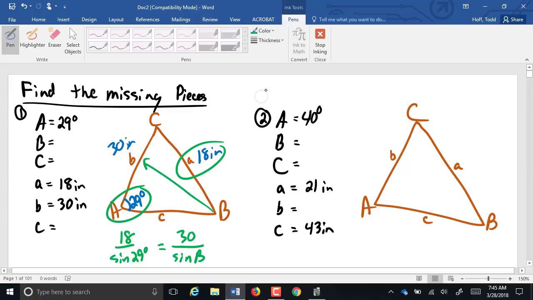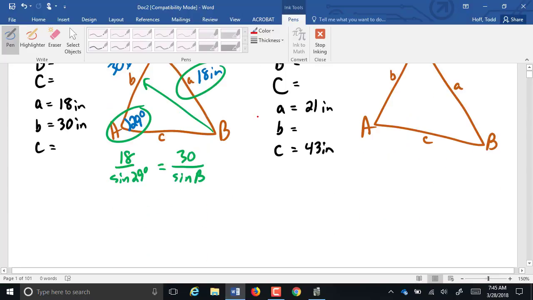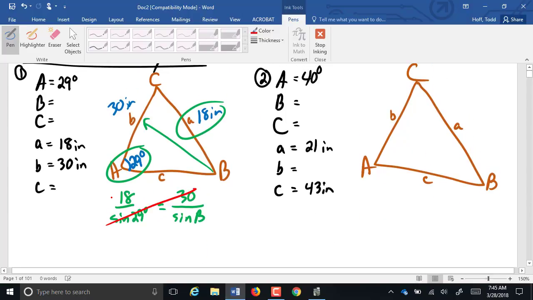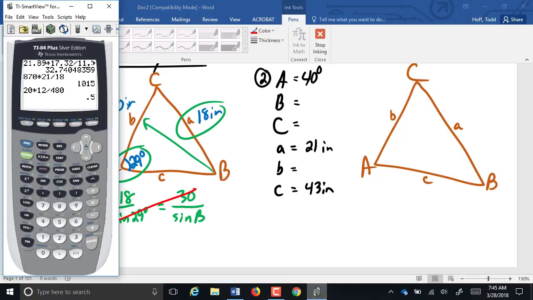So now I will cross multiply and divide. Sine of 29 times 30 divided by 18 gives us 0.8080.